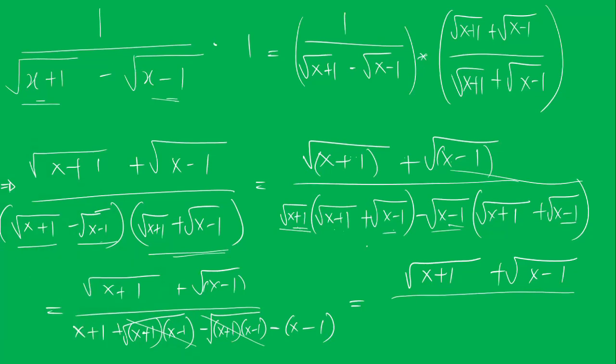So this and this will cancel out. We will now have left x plus 1 minus x minus 1. So this is what is left, which is what we wrote here.